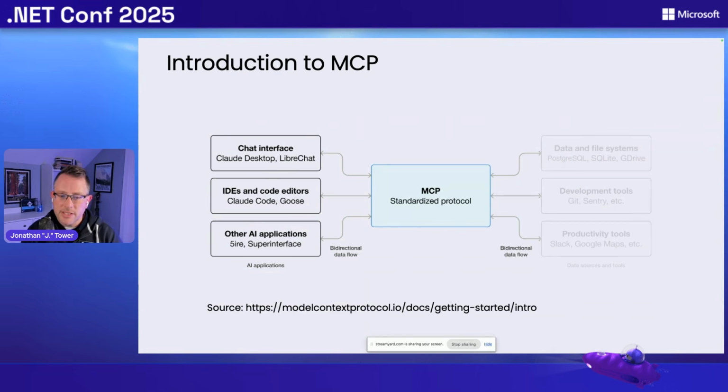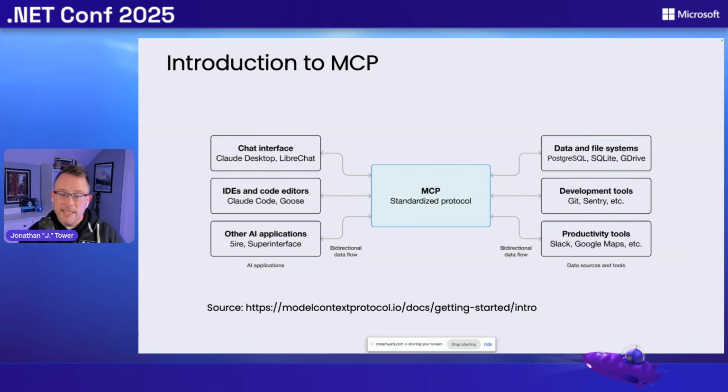And you'll notice that this MCP standardized protocol is bidirectional, meaning that information can flow in both directions from the underlying systems to the LLMs and other AIs, or from the AIs back into the systems, to make updates basically. And then what are they connecting to? Well, basically anything that you can write an MCP server for.